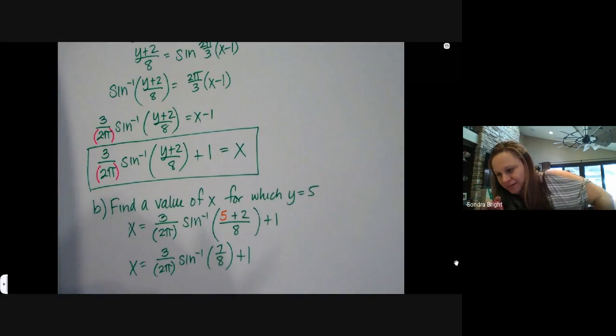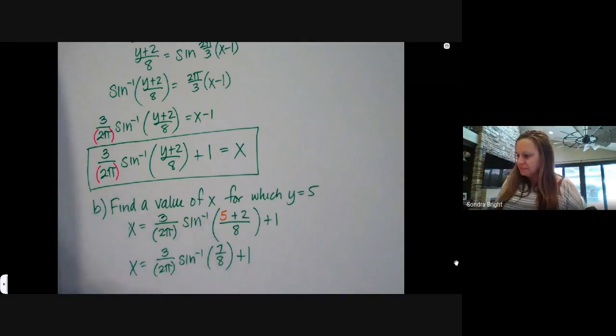All right. I don't know about you, but 7 over 8, well, I do know about it. Hopefully you recognize that that is not a value that you have memorized, not by any means. And so you must use your calculator to find that value.